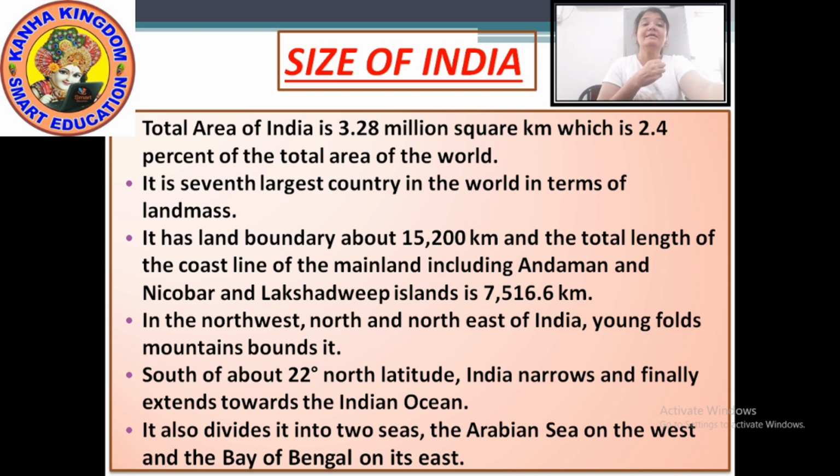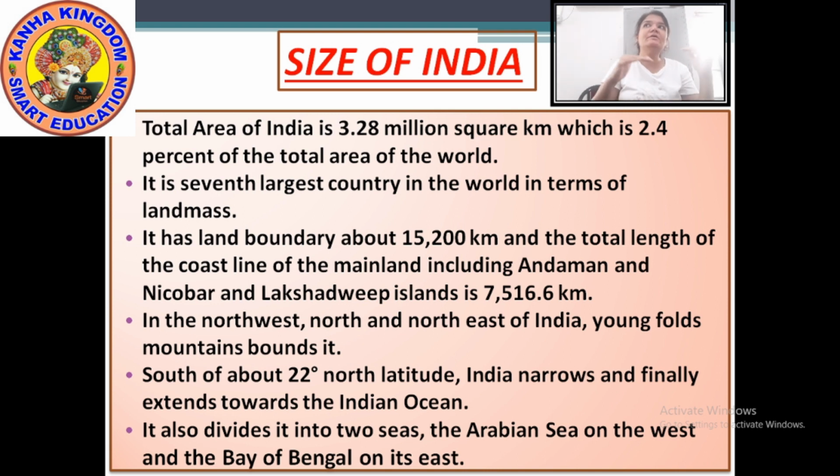So now let's count it very easily, after knowing the distance of all the four directions. The distance from extreme north to extreme south, that is from Jammu and Kashmir to Kanyakumari, is 3,214 kilometers, vertically.